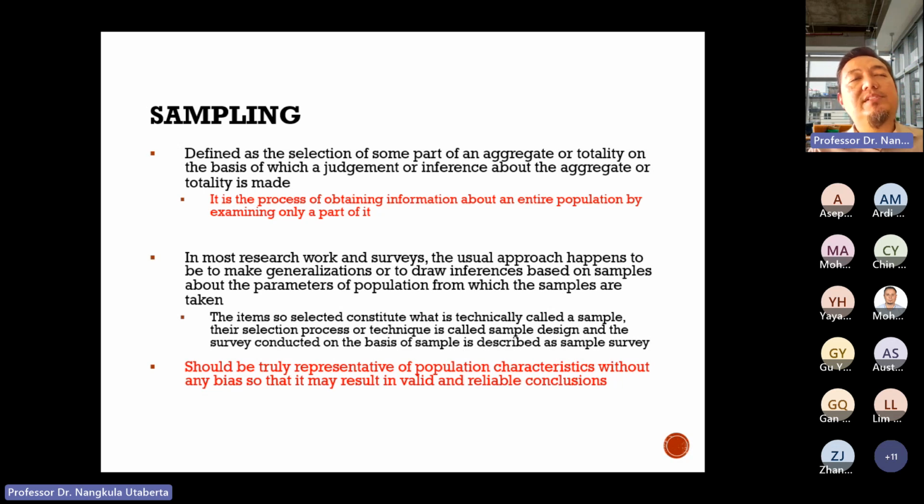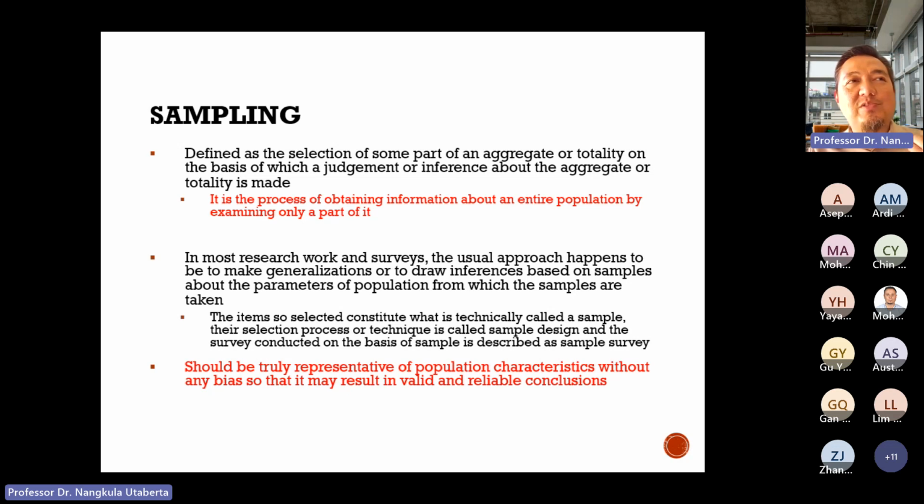We have a population, but sometimes, or most of the time, in every research we use a sampling. Some people use random sampling. Sampling means selection of some sort of an aggregate or totality, on the basis of which a judgment or inference about the aggregate or totality is made. Okay. So sometimes I use the word representation.